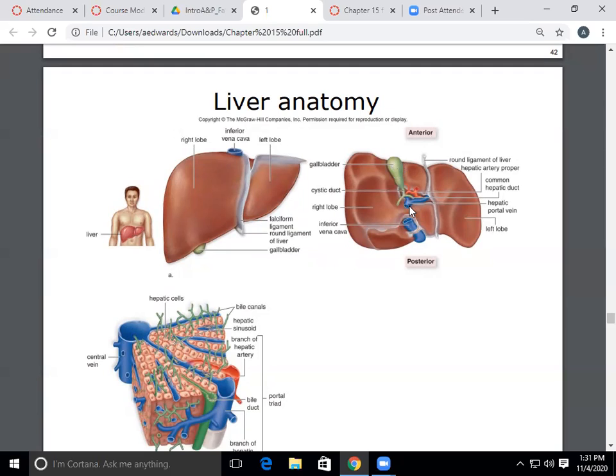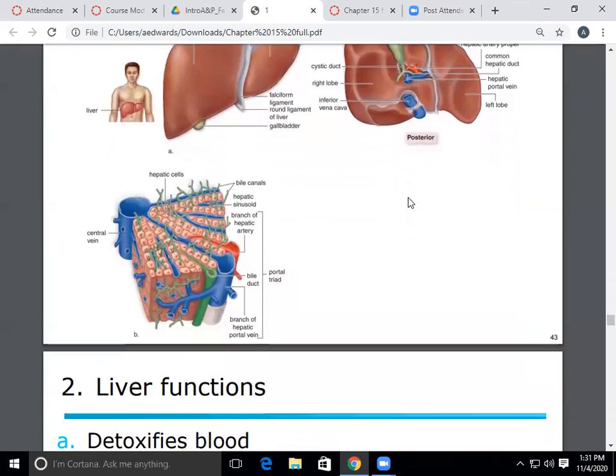There's your hepatic portal vein, hepatic artery, common hepatic duct. Okay. All right. So you can see a little bit here. This little space here is your sinusoid, hepatic cells. Here's a good view of that triad, okay, because they're kind of right there next to each other. Okay.